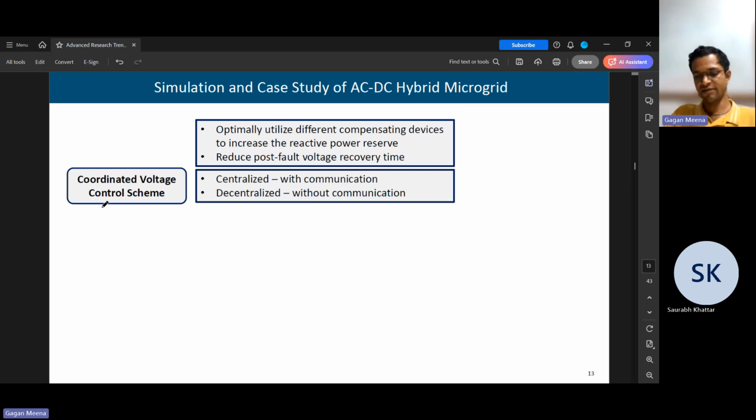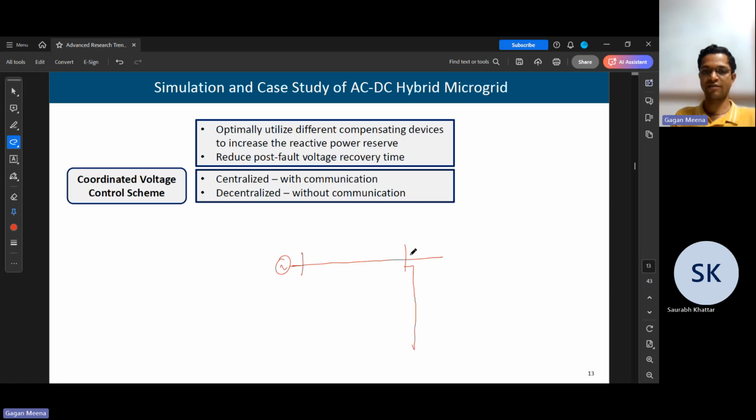And if we see the traditional distribution feeders, then there was no distributed generation. There was only one substation which was connected to the grid, and from here we have feeders. We have different feeders.